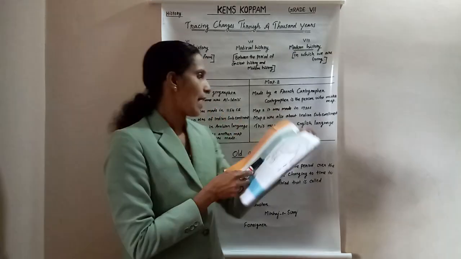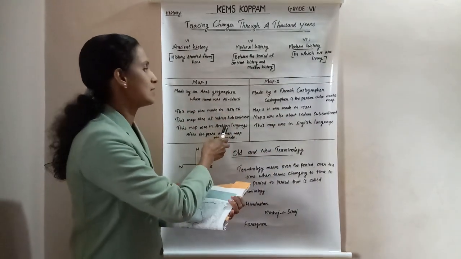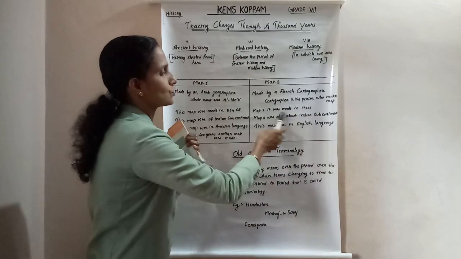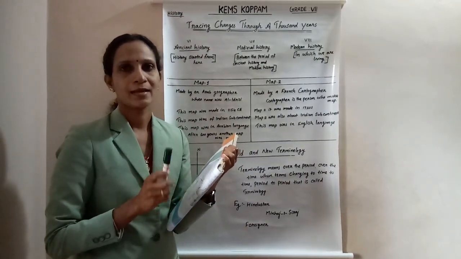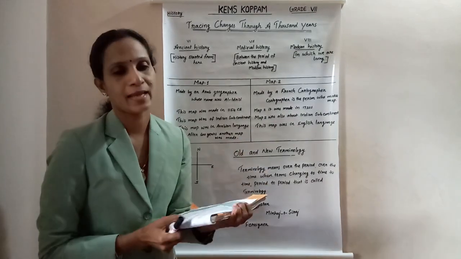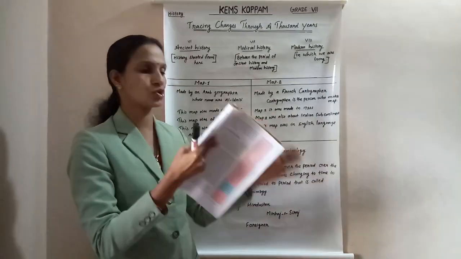And map 1 was in the Arabic language, while map 2 was in the English language. Clear?